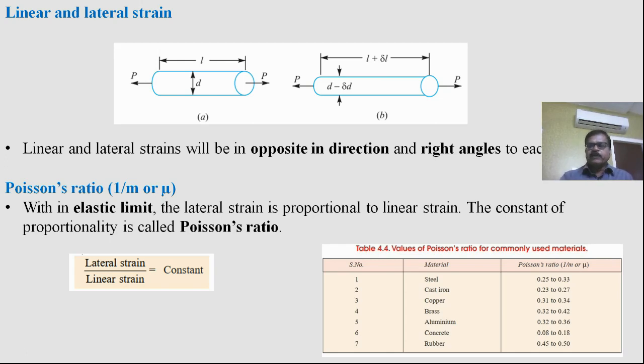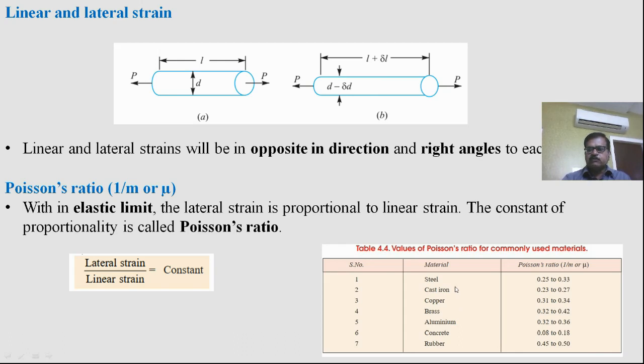So you can find the change in dimensions either in the linear direction or in the lateral direction with the help of Poisson's ratio, which is given here in the table. It starts from a minimum of 0.25 to a maximum of 0.33 for steel, and rubber has a Poisson's ratio between 0.45 and 0.50.